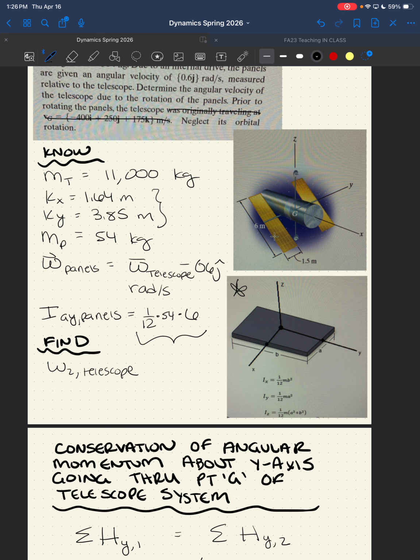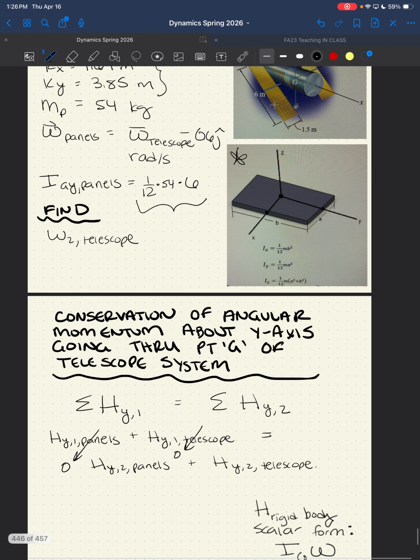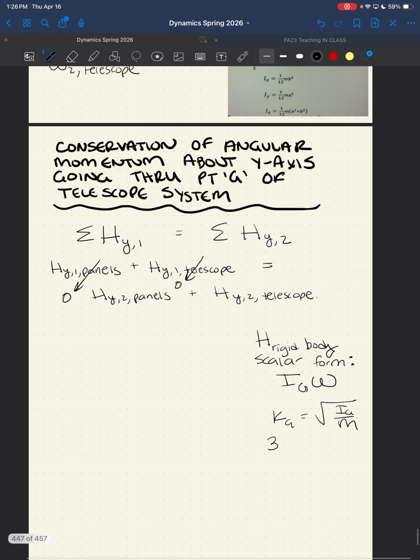Well, the angular velocity of the panels was 0.6 j. It needs to counteract, right? The only way for these 2 terms to equal 0 is if they cancel each other. So one's got to be positive and the other one's got to be negative. So one rotation by the panels results in the opposite rotation by the telescope.